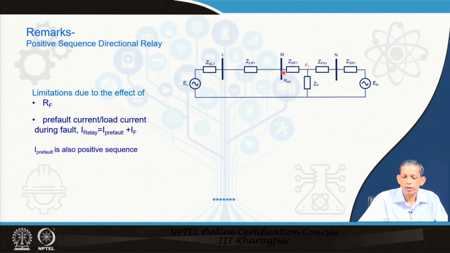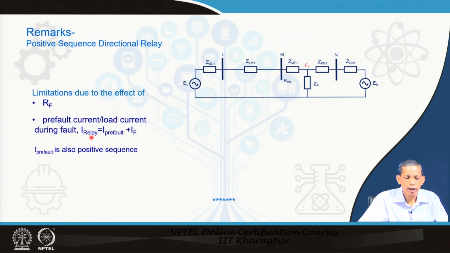combination of the pre-fault current or the load component of current plus the fault component. So, therefore, the corresponding current which is seen by the relay during fault is being modulated by the load component of current. So, when this load component of current becomes significant as compared to the fault component, then the modulation to the current phasor and the corresponding angle may be significant, and sometimes that also may affect significantly.